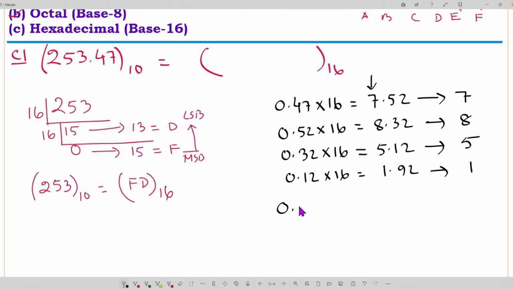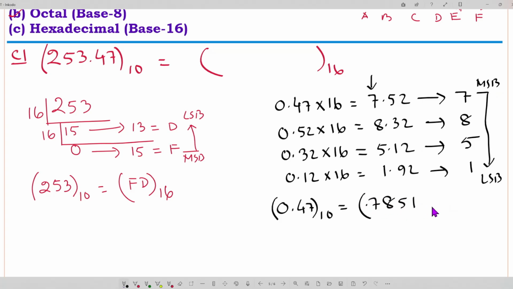Therefore 0.47 is a decimal number and we get here 7 as the most significant digit and 1 as the least significant digit. So we can write 0.7851 and it will continue, right? This is the hexa.